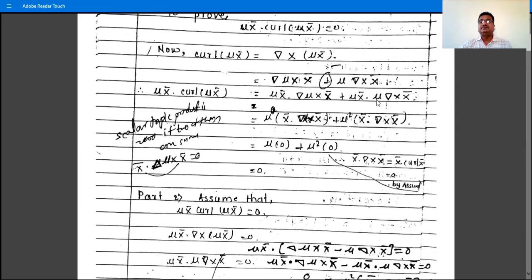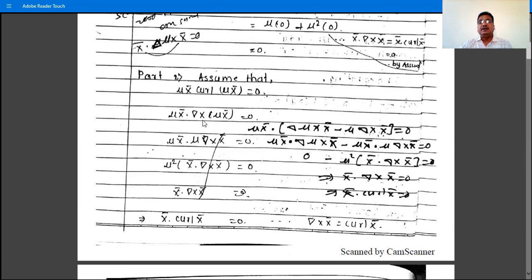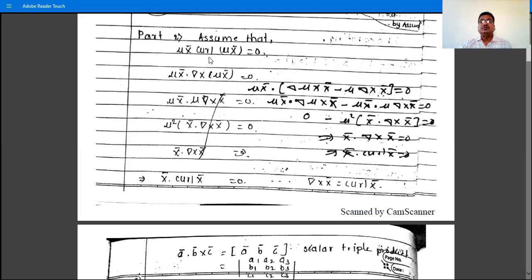So we have this, and then this del cross mu x bar is what? Del mu cross x bar plus mu del cross x bar, and the dot product is equal to 0. So this is the simplification of this LHS.